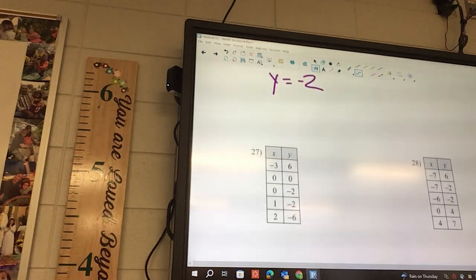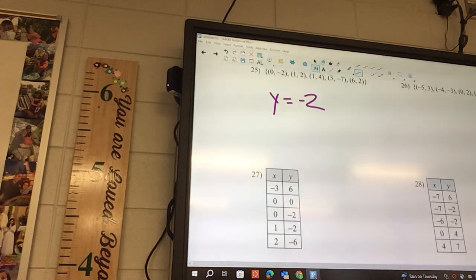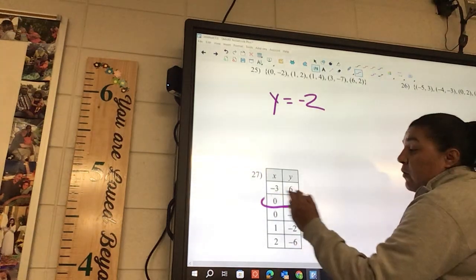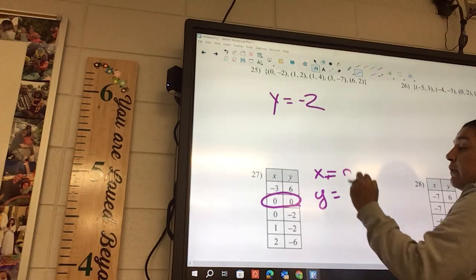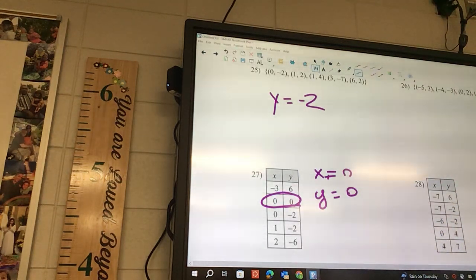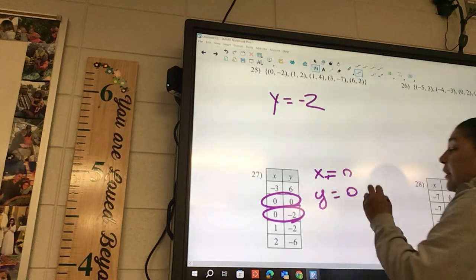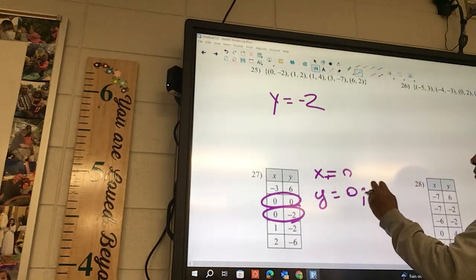Okay, so if we're looking at 27, first of all, (0, 0), this one is going to be 1 for the x and 1 for the y. So (0, 0). And then we got (0, -2). Is that an x-intercept or a y? This one, (0, -2), is going to be a y-intercept.